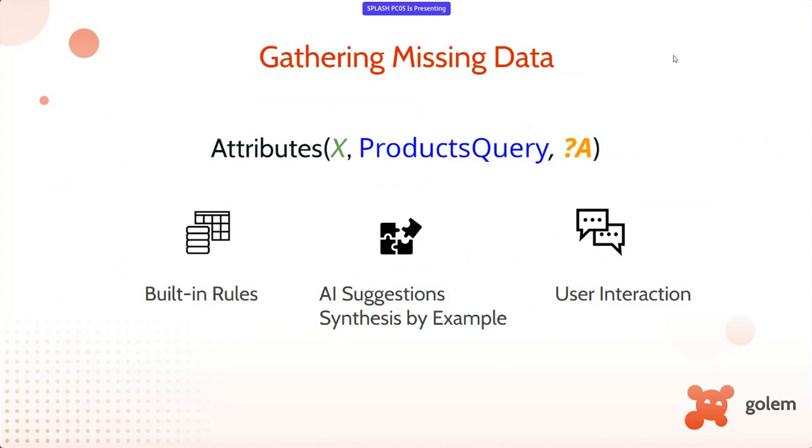More generally, if there are many choices, perhaps we could use some kind of learning mechanism to prioritize them. Right now, user interaction is the only thing we've implemented, but I just want to point out that there's a space of possibilities here, from writing more inference rules for suggestions to AI, to the simple approach that we've implemented so far.